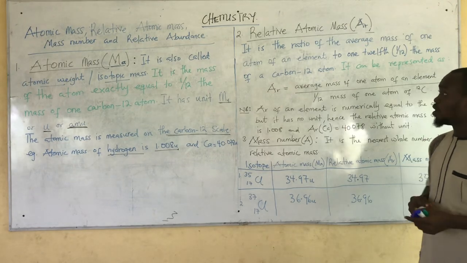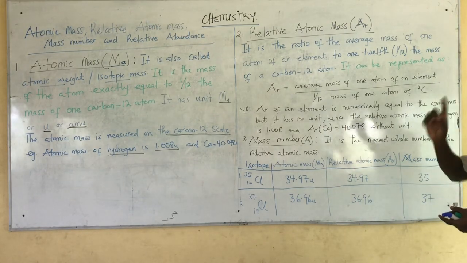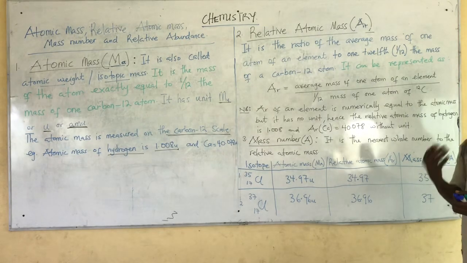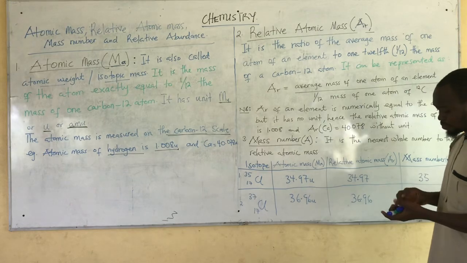Alright, so it is the ratio of the average mass of one atom of an element to 1/12 the mass of carbon-12 atom.